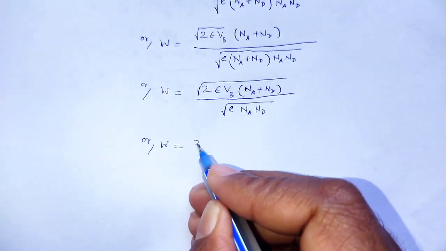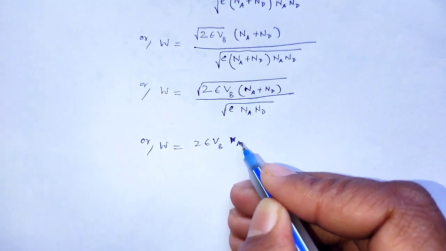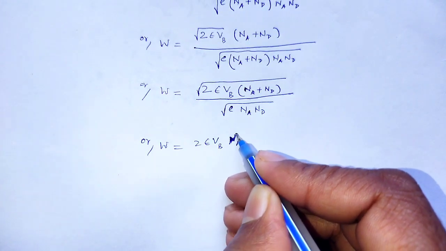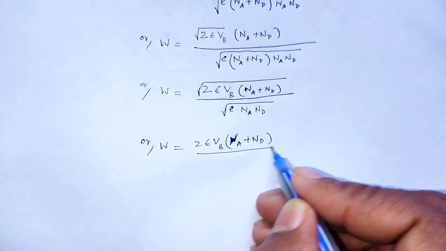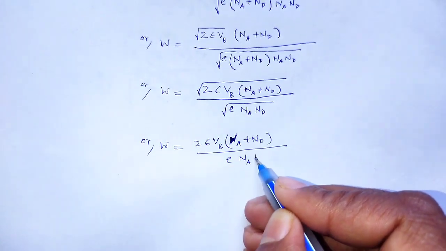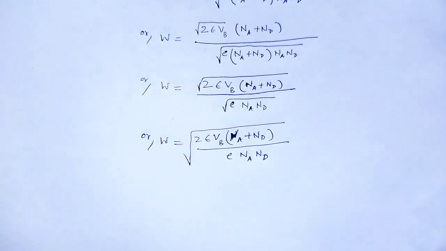Therefore, W is equal to 2 epsilon Vb Na plus Nd divided by E Na Nd whole under root.